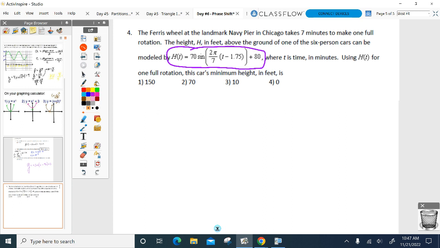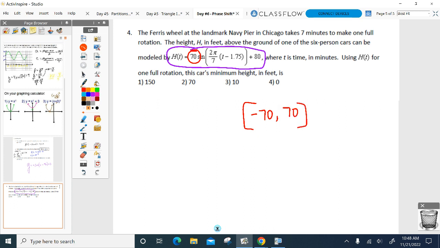What's the minimum height? I'm just looking for the minimum. There's a lot of numbers here, but I only care about 2 of them to find the minimum. Which 2 numbers do I only care about? The A value, because this told me the old min and max. The old min was negative 70, and the old max was positive 70.